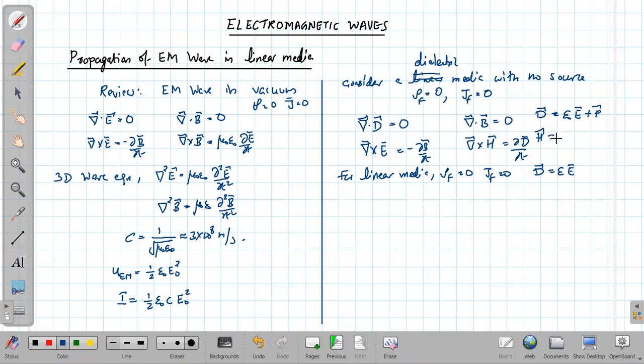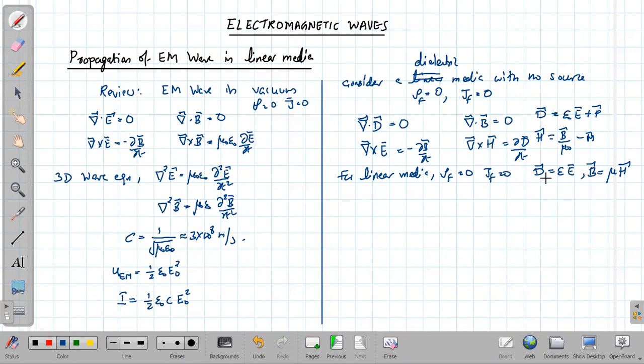H is B by mu 0 minus M. In case of linear media, D becomes epsilon E and B becomes mu times H. This is a very important result.